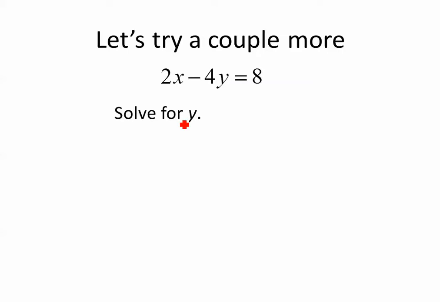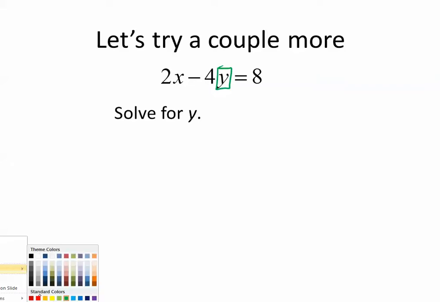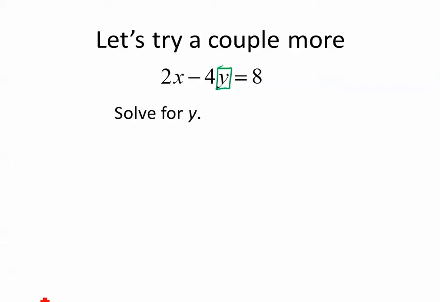Okay, so we're solving for y. Solving for y means that this guy right here is the thing that we want to get by itself. All the other variables get treated as if they were numbers. Okay, so PEMDAS, anything that's being added or subtracted to the y term needs to be taken care of first.